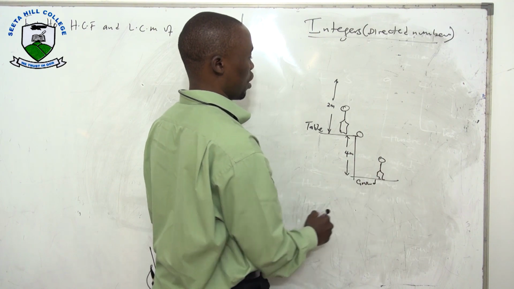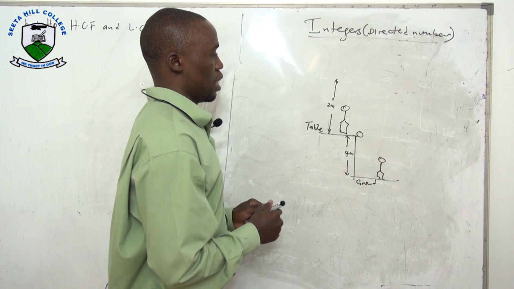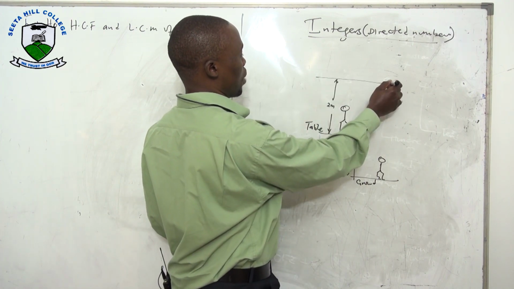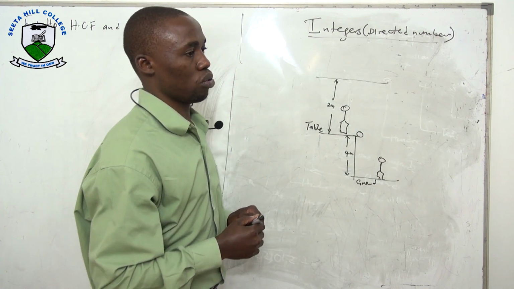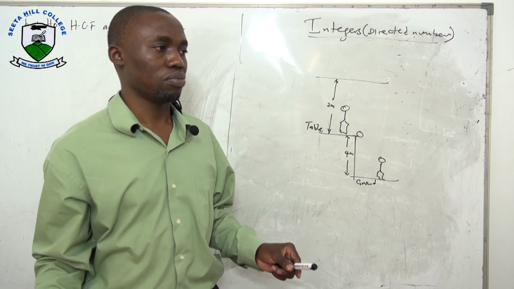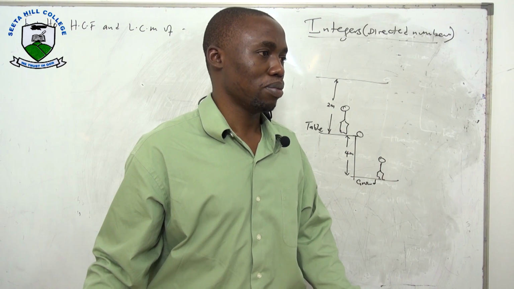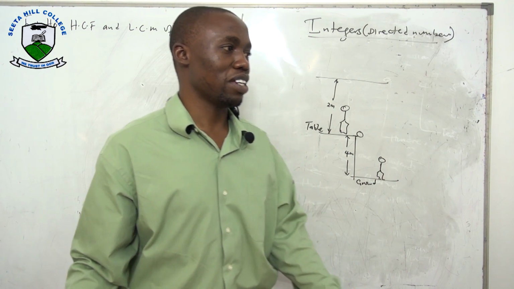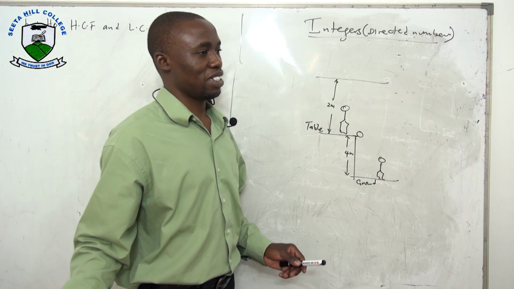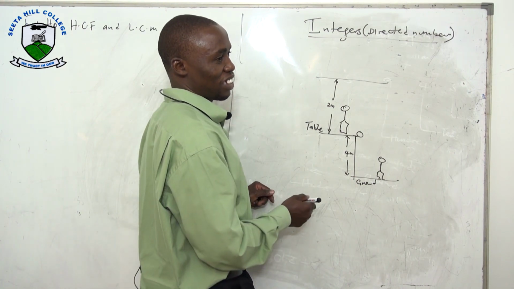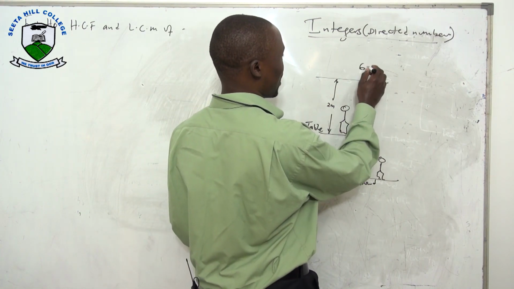What distance do you think you'll have covered? You jumped 2 meters high but fell 4 meters below 0. 6. Would you have a negative distance? Yes. Total distance moved, she's saying, is 6 meters.